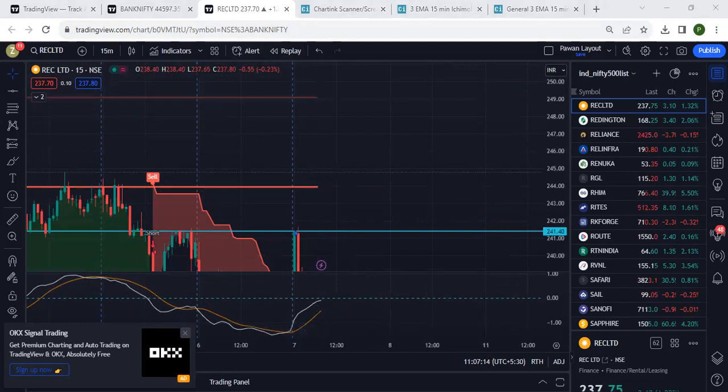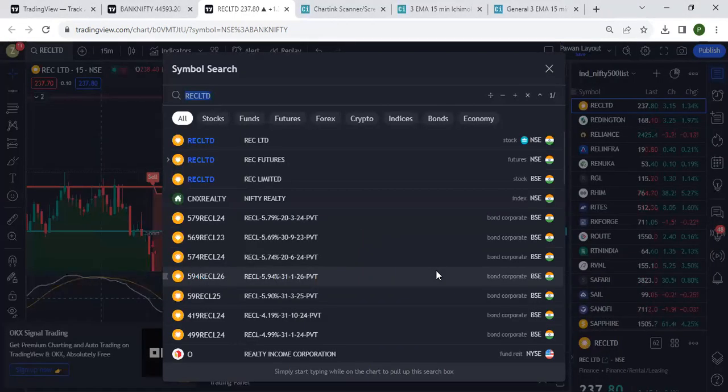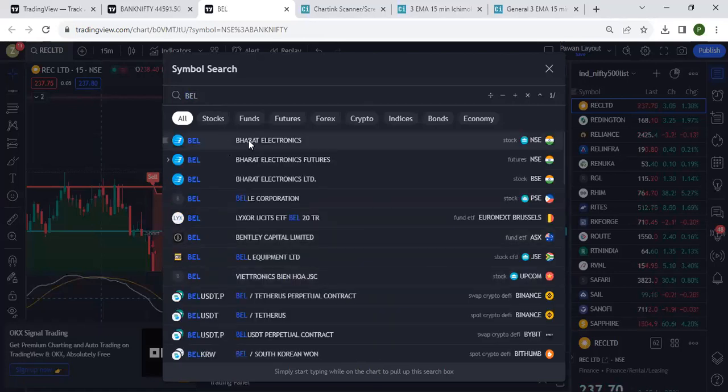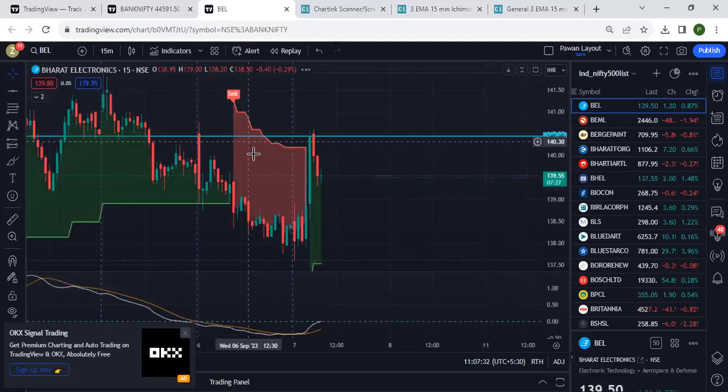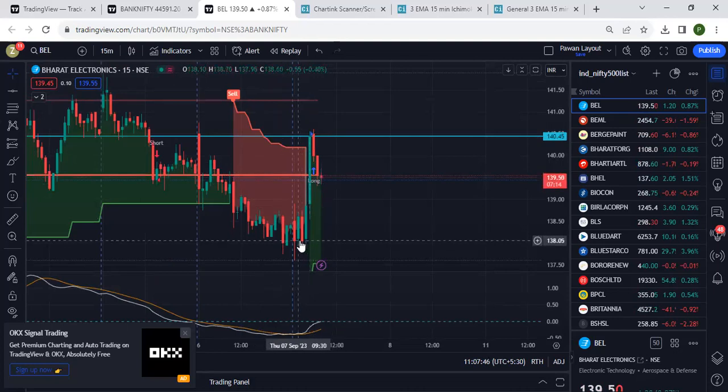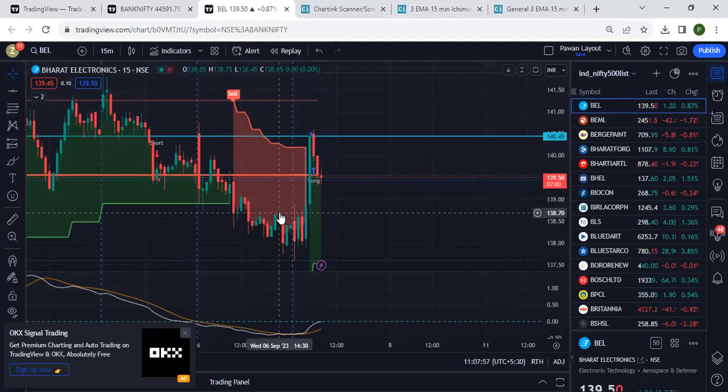Bharat Electronics. Here you can just see the MACD has crossed the signal line and the stock is trading above the SuperTrend, which means the condition has been met.